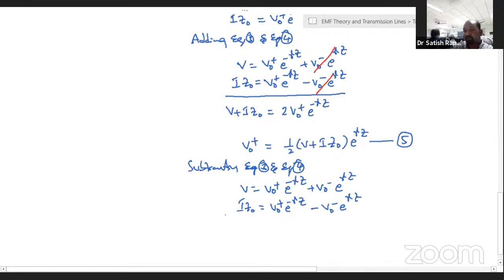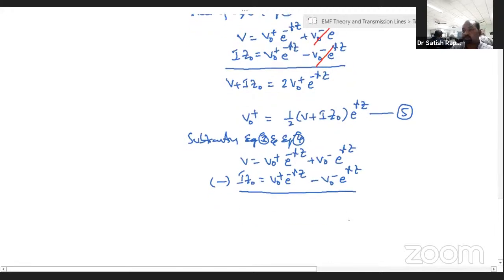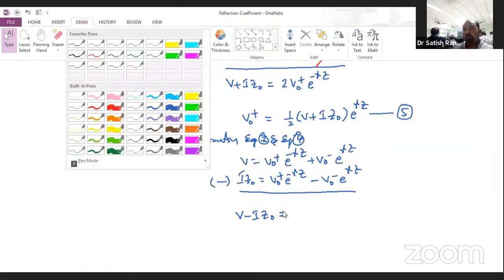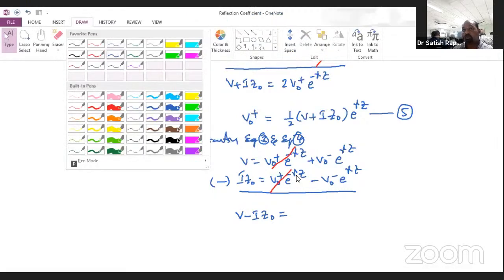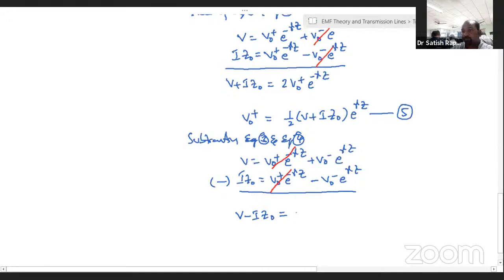Subtracting, V minus I Z naught is equal to, here the V naught plus terms will get cancelled because we are subtracting, and we get 2 V naught minus e power gamma z.